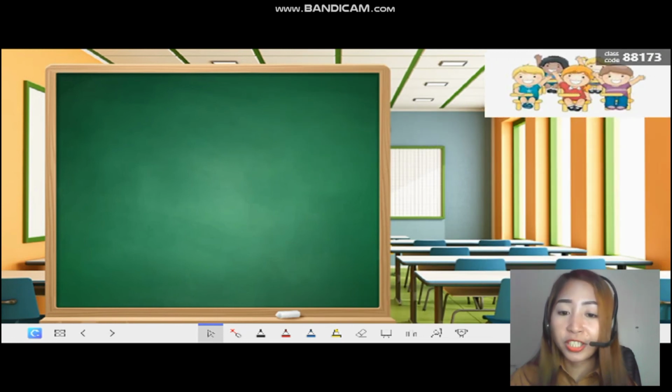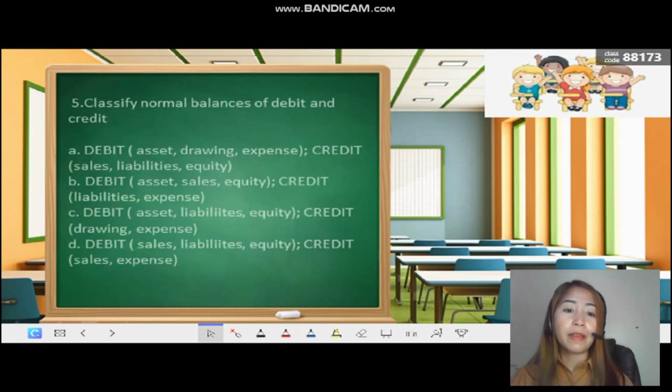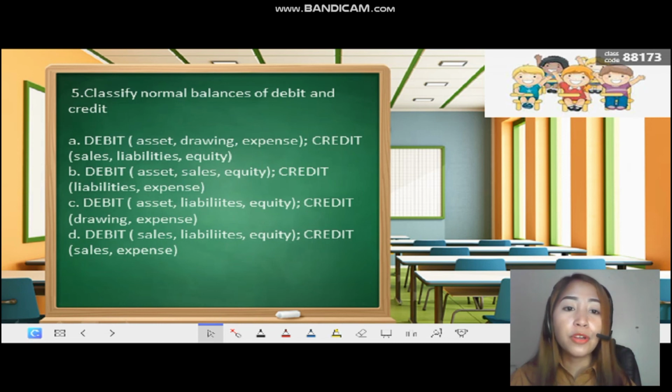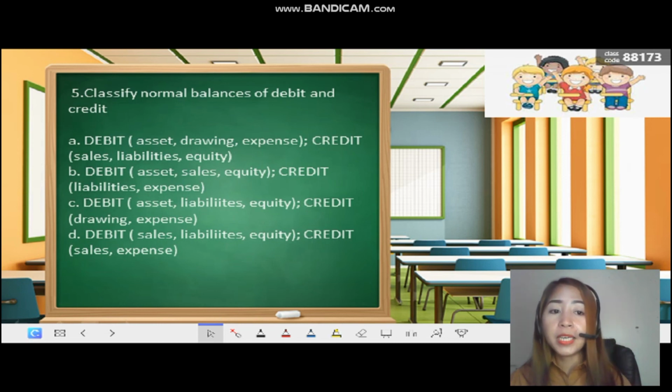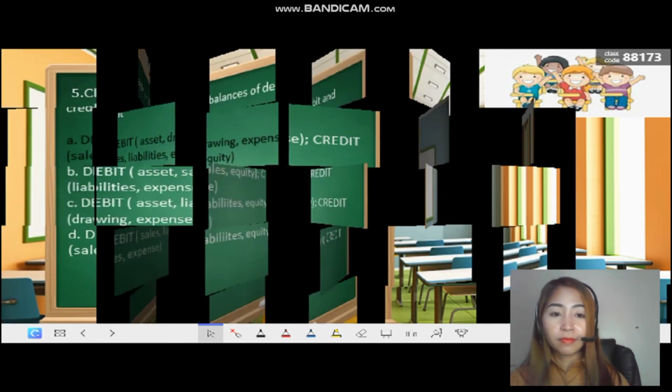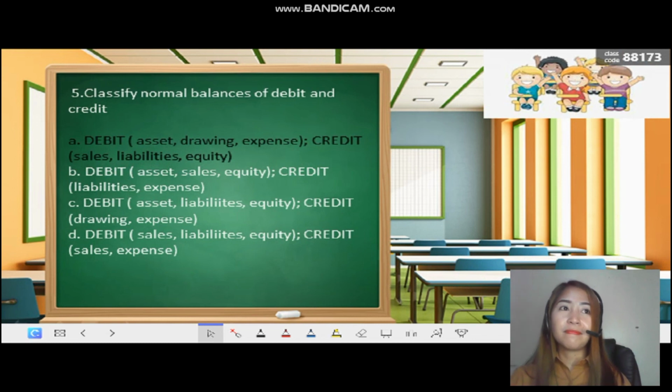For the last question, question number 5, classify normal balances of debit and credit. Anyone who can answer this question? Very good. That is the correct answer.